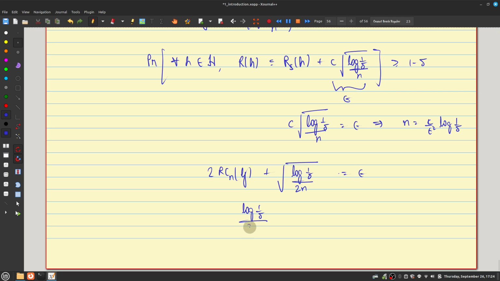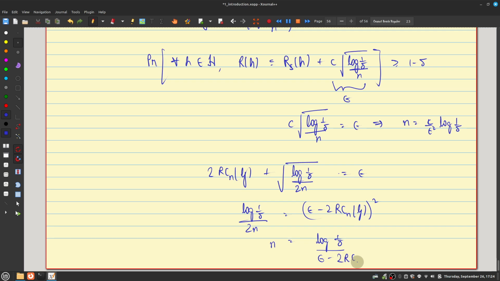So square root of log 1 over delta divided by 2n is equal to epsilon minus 2 times the Rademacher complexity, the whole squared, or n is equal to log 1 over delta divided by 2 times epsilon minus 2 times the Rademacher complexity of G, the whole square.